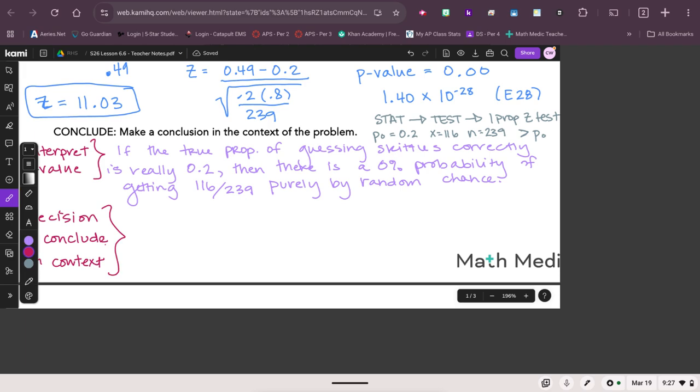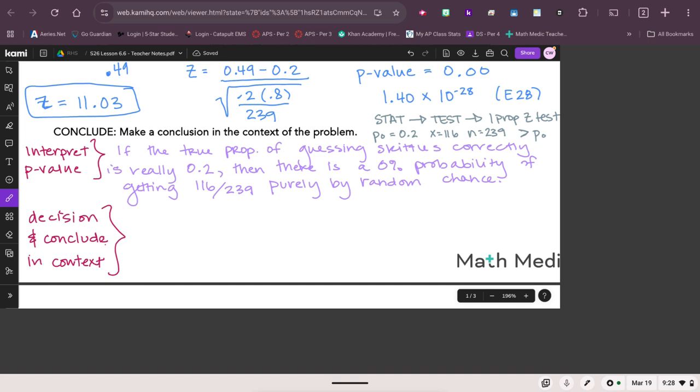So to make our decision, we have to think about that p-value. There was a 0% chance of seeing what we saw happen by chance. Therefore, you guys would be amazing at tasting Skittles correctly. It was so unlikely that that would happen by chance that we're convinced you're better than average.